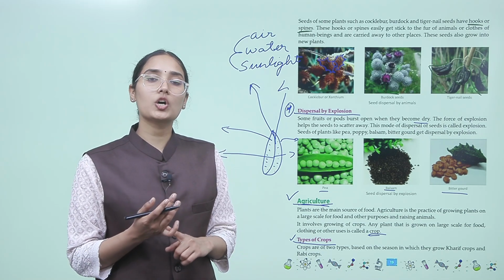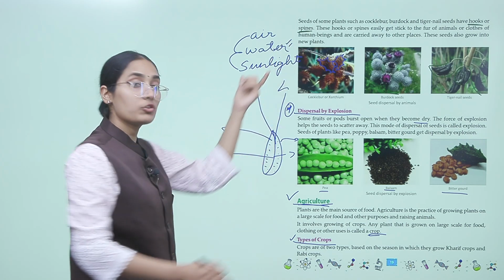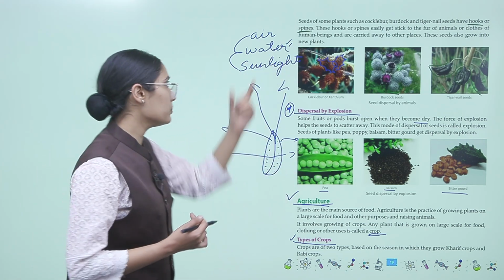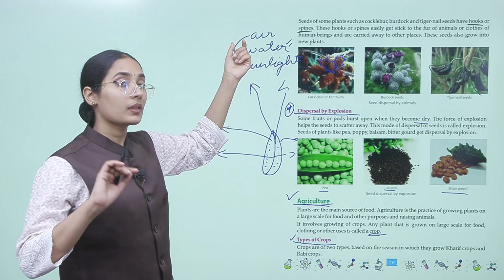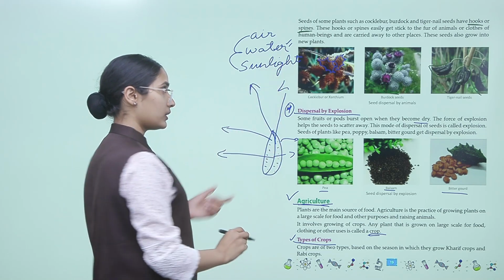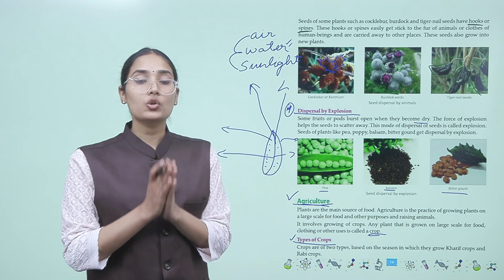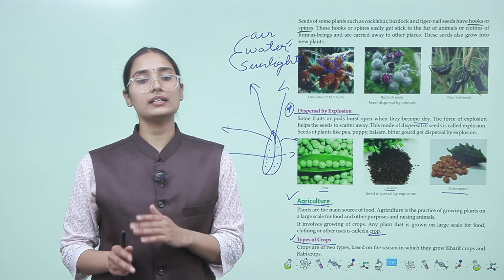For example, in the rainy season, there would be an ample amount of water, but less sunlight, right? In winters, there would be more sunlight, but less water. But in the summer season, there would be very, very little water and a huge amount of sunlight, right? Can you see this difference? So, based on these, there are two types of crops, Kharif crops and Rabi crops.